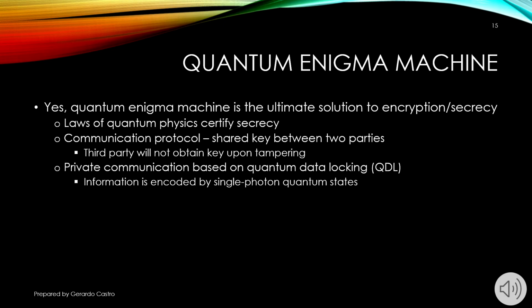A third party will not be able to tamper with or obtain the key, because the moment it disturbs the particles, the key is lost. The way this is all done is through quantum data locking. That's what private communication is based on. The information is encoded by a single photon quantum state. Next slide.